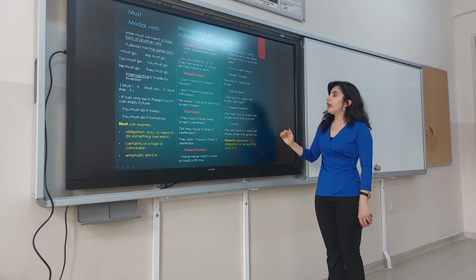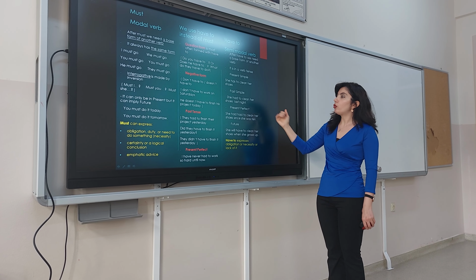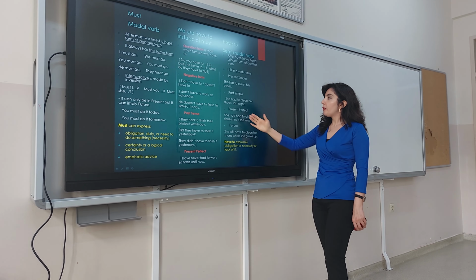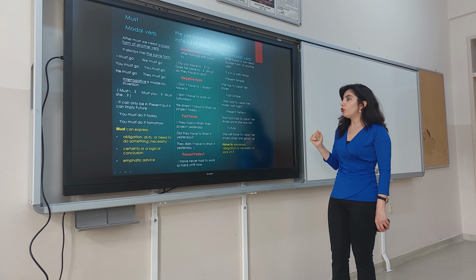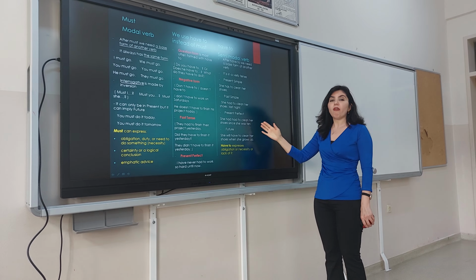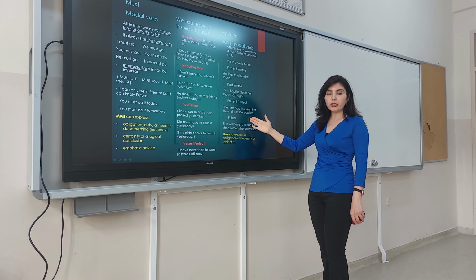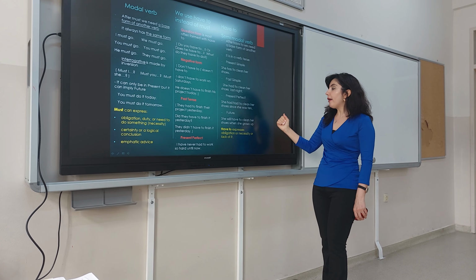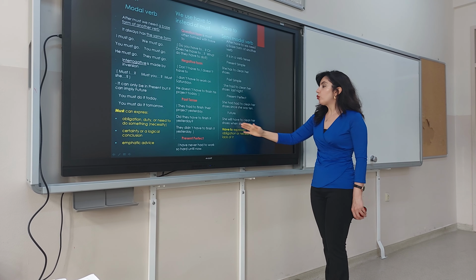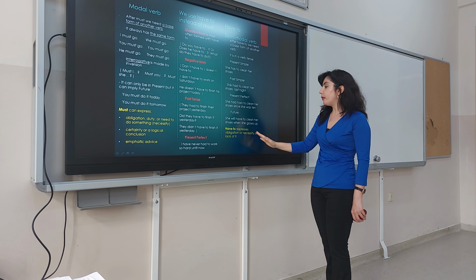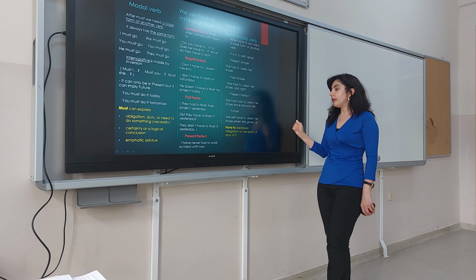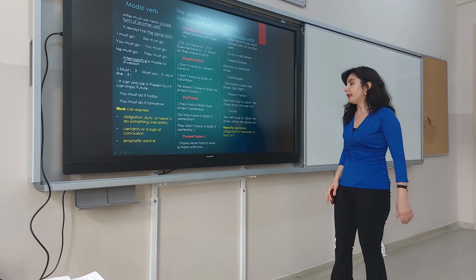Past simple: she had to clean her shoes last night. Present perfect: she has had to clean her shoes since she was 10. Future: she will have to clean her shoes when she grows up. Have to expresses obligation or necessity, or the lack of it.